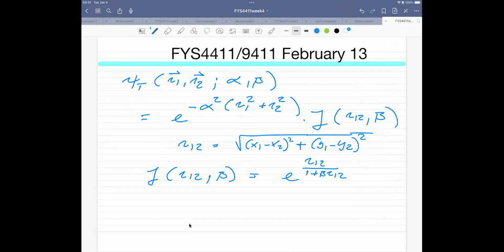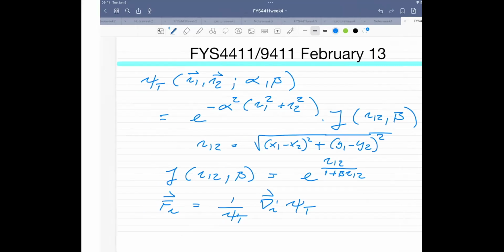So what we need, when you think of the quantum force, this is for one of the particles, and that is obviously given by 1 divided by psi of t, multiplied with a gradient of psi of t. And this is obviously a gradient, so we have to be a little bit careful when we look at the expressions here. Then let me just check another equation here so I don't say something wrong.